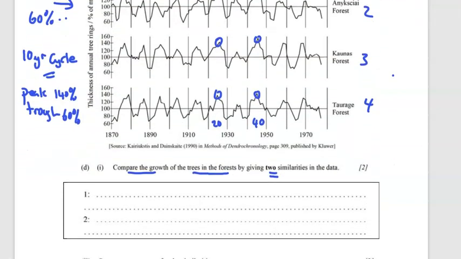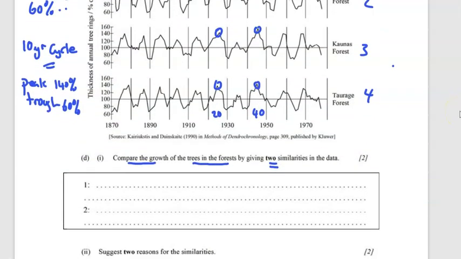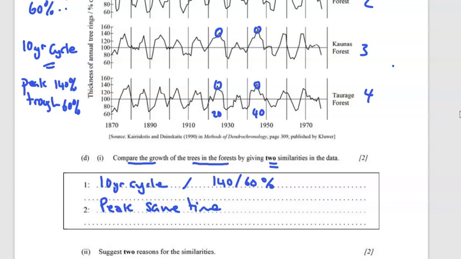So if I attempt to just summarize some of them, there's the 10-year cycle with the high of 140 and the low of 60%. The peaks seem to be the same in each of the forests, so the peaks at the same time. I think we understand that point.